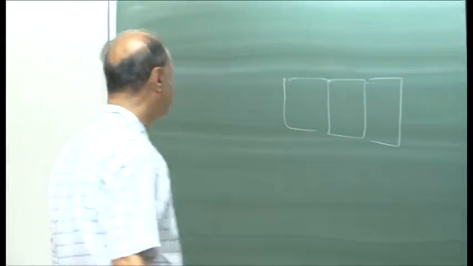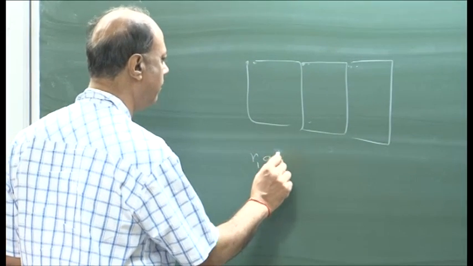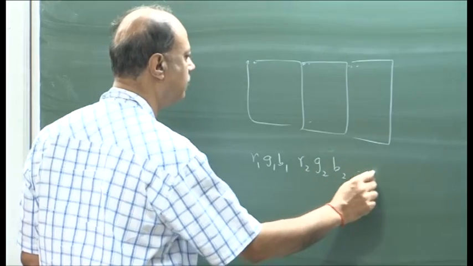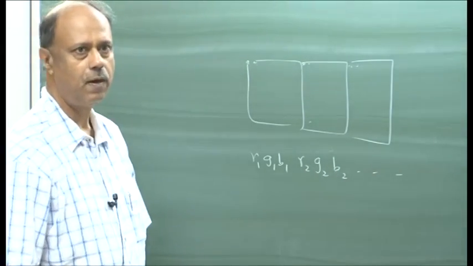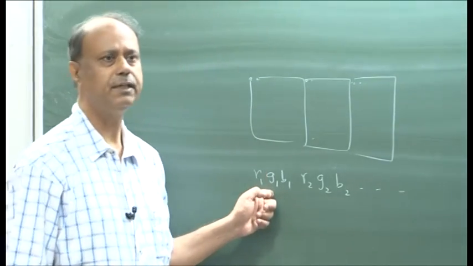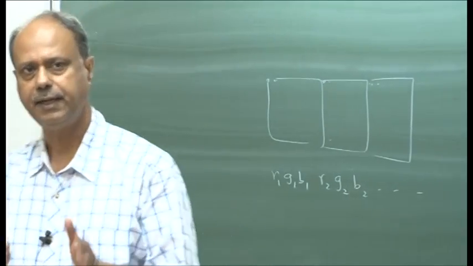Another format is that I have R, G, B, R, G, B, and so on. The R component of the first pixel, the G component of the first pixel, and the B component of the first pixel are kept together.